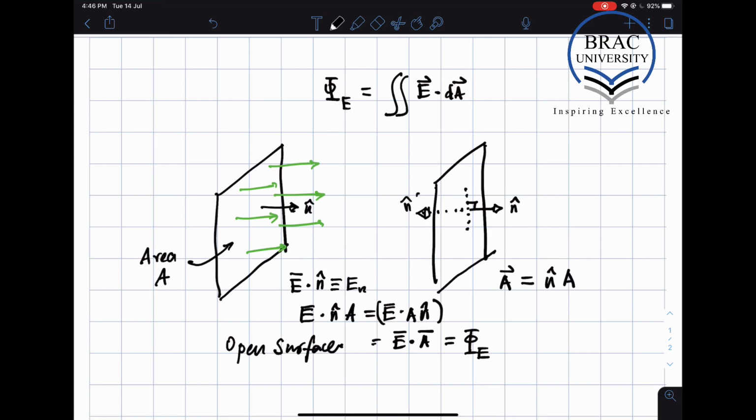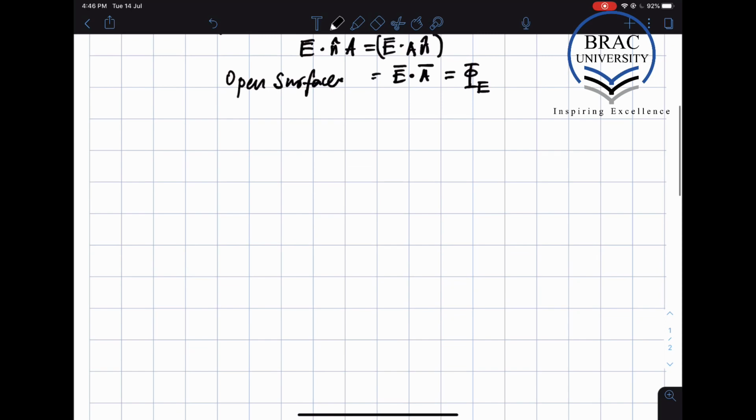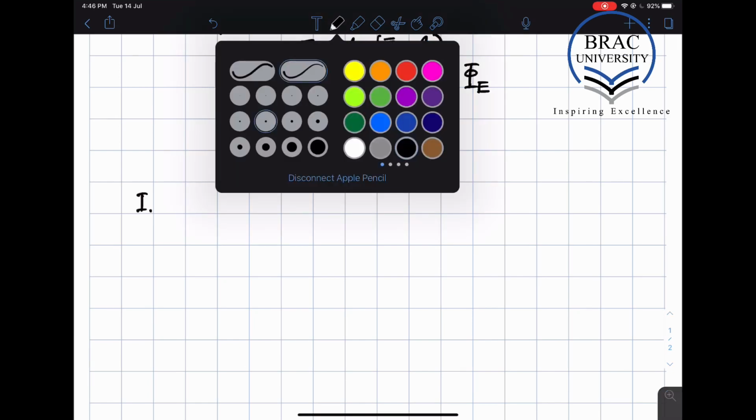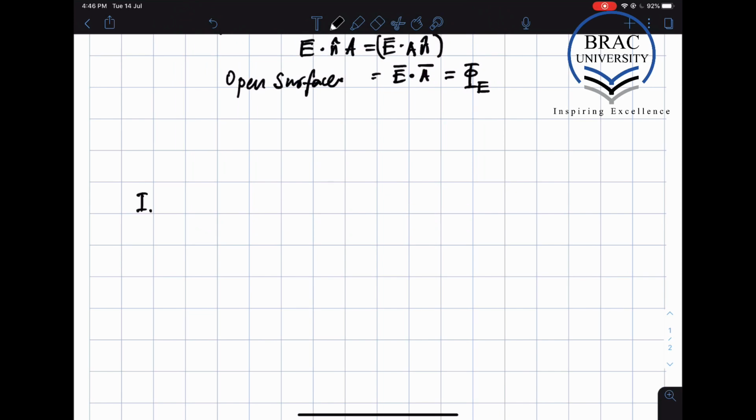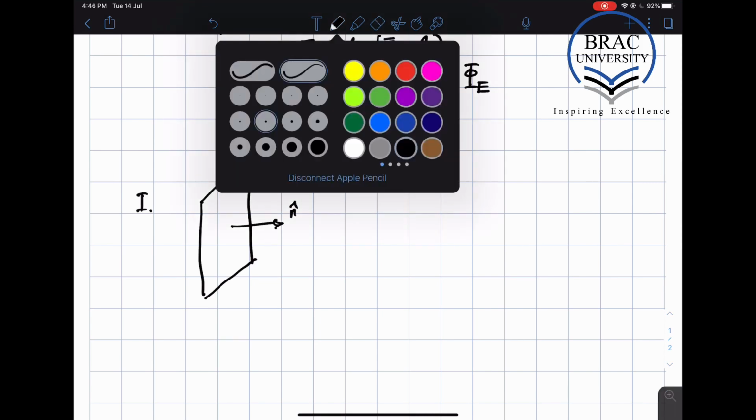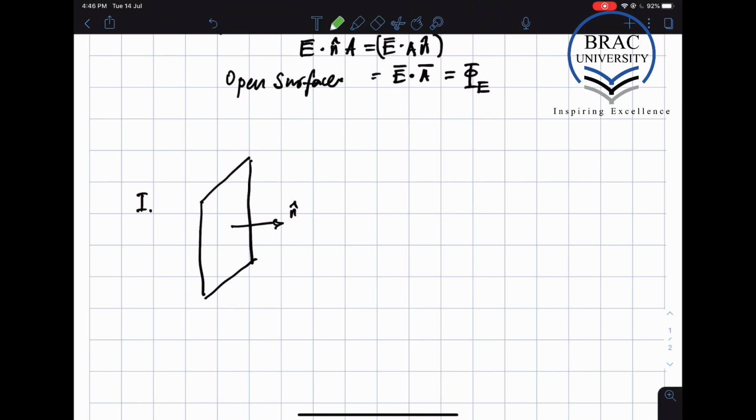Now, it's important to do some examples. So let us look at some basic examples. For our first example, we're going to take a uniform vector field. It's important to remember that in these examples and in this lecture, the vector field is uniform. So this is our open surface, and as our first example, we take a vector field that is at 90 degrees to the surface. Because it's a uniform vector field, we only have to draw it once.